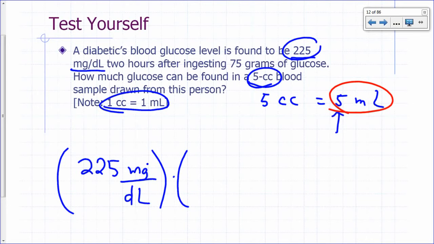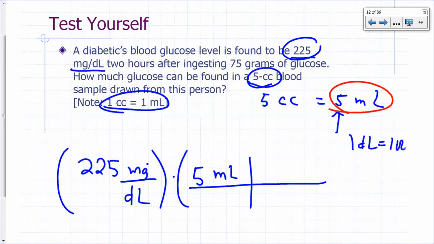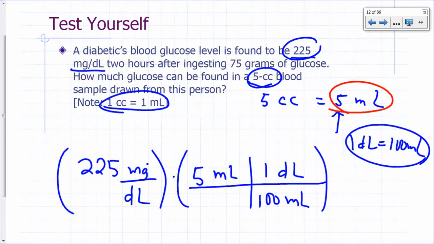Remember, a deciliter is 100 mils, so 1 deciliter is 100 mils. Milliliters will cancel out, and deciliters will cancel out. That gives you your answer.